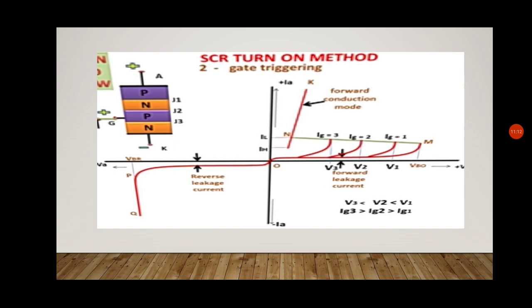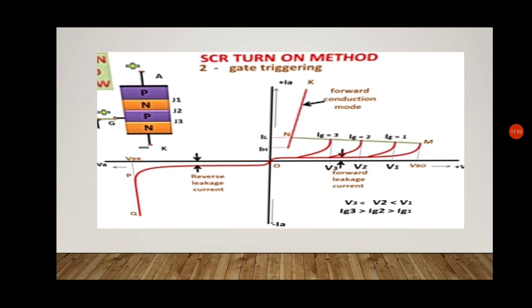Till now, as I have mentioned again and again, we haven't provided any supply to our gate. But now, when we apply a positive voltage to the gate, J2 will have a huge flow of electrons across its junction, which will make it go to breakdown much before V_BO.